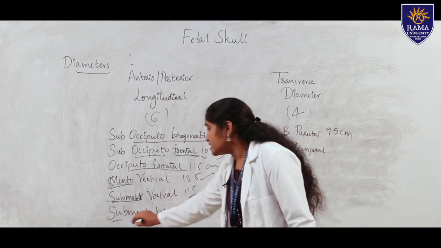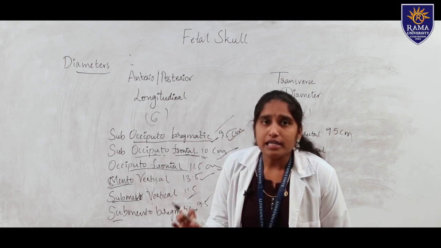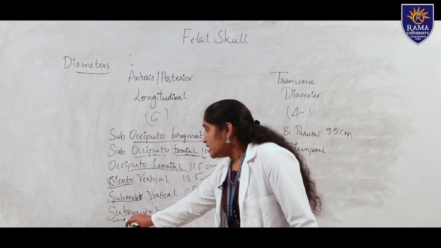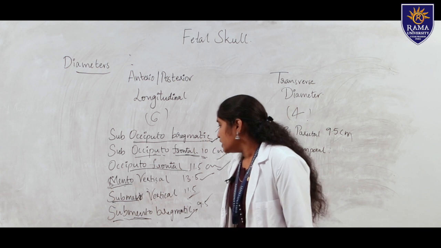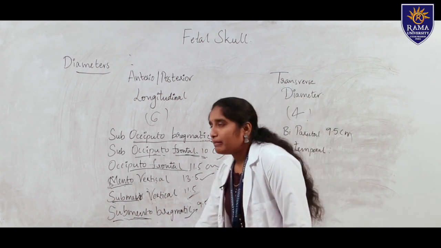Then submentobregmatic measures about 9.5 centimeters, from where the chin joins the neck to the center of the bregma.